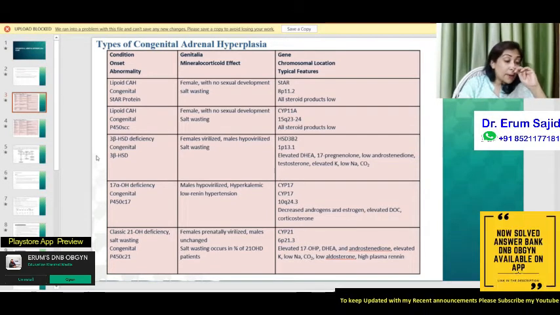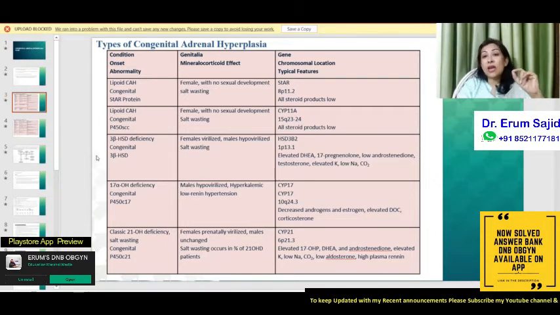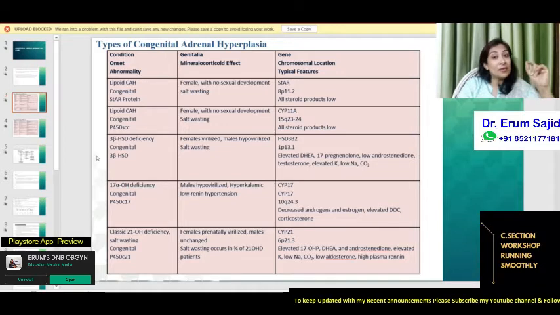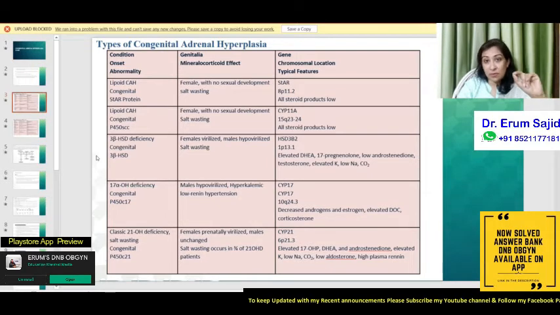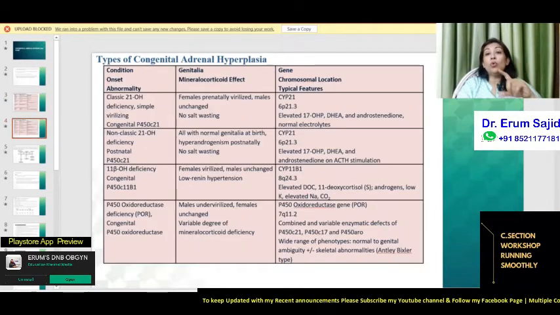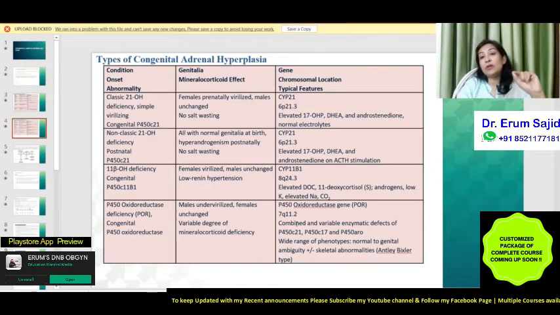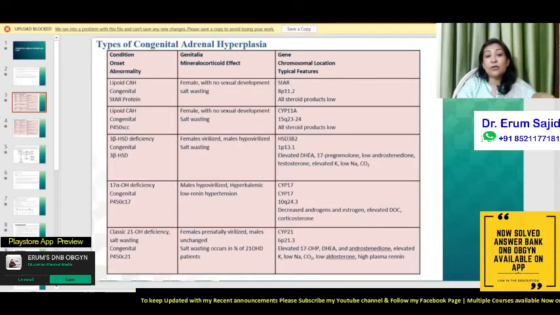That is because in this case, the most important thing that has to be ruled out is what kind of enzyme is lacking over here. If it is a dangerous kind, if there is at all salt wasting, you have to immediately take care of the baby. So anyways, this is not to be taken into that depth. The only thing you have to understand is there are many kinds, but the salt wasting kind has to be treated with full sincerity. And what are the clinical features that you should know?